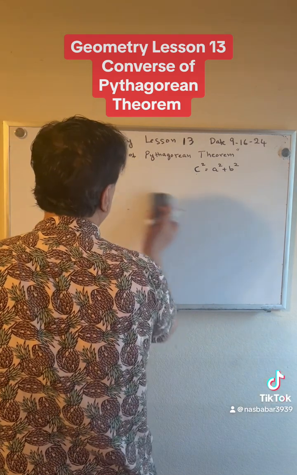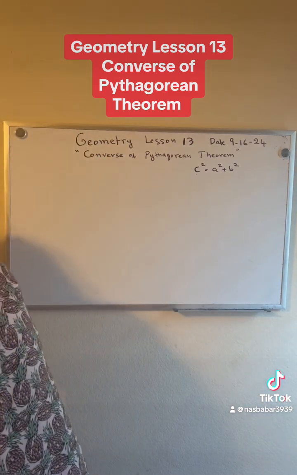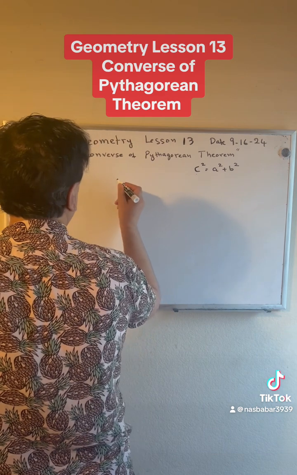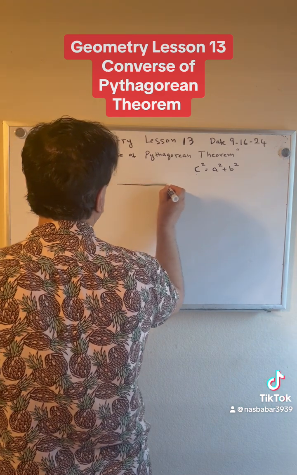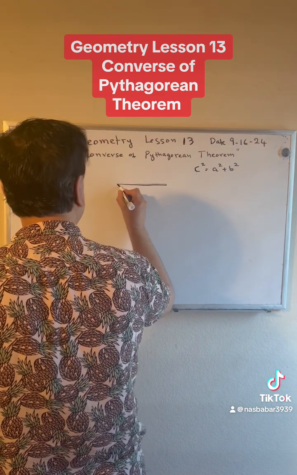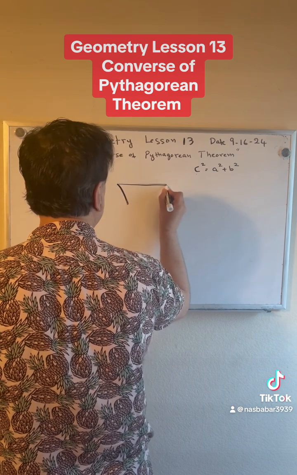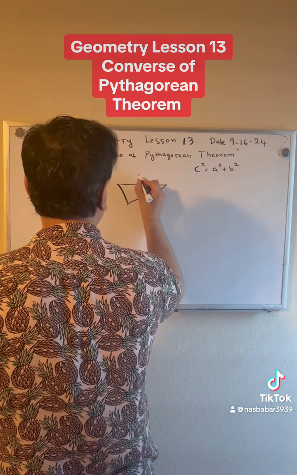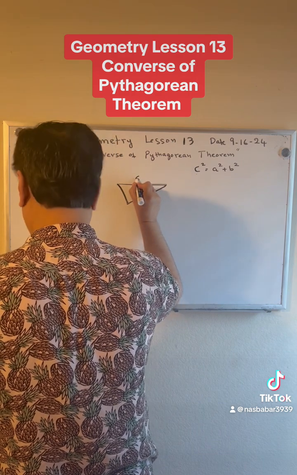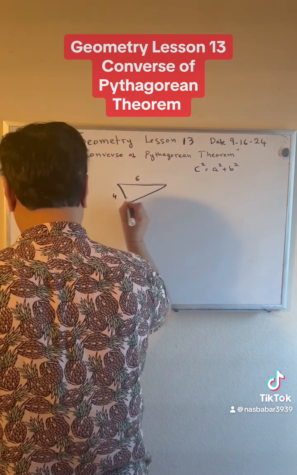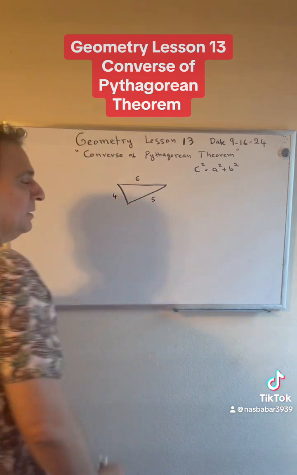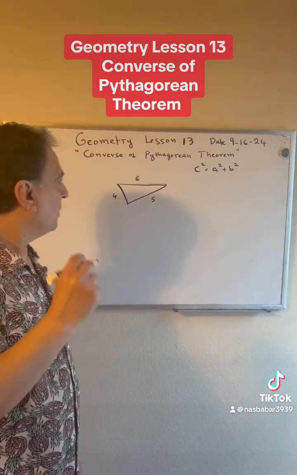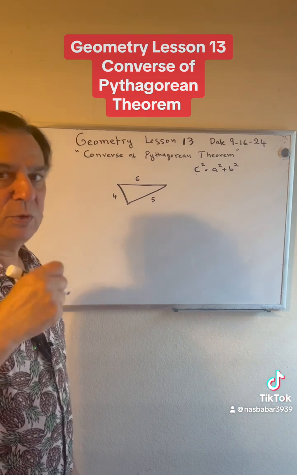Right, making progress over here. So let's say you have this triangle right here, and I have given you, let's say, this side is 6, this is 4, this is 5. The longest side is going to be the hypotenuse, we assume.